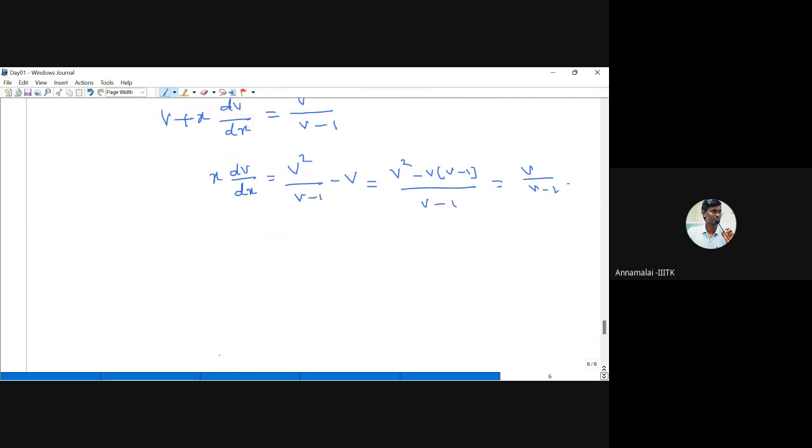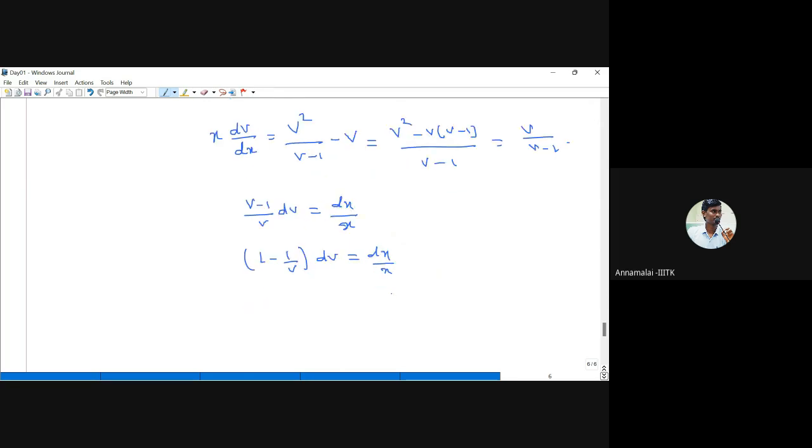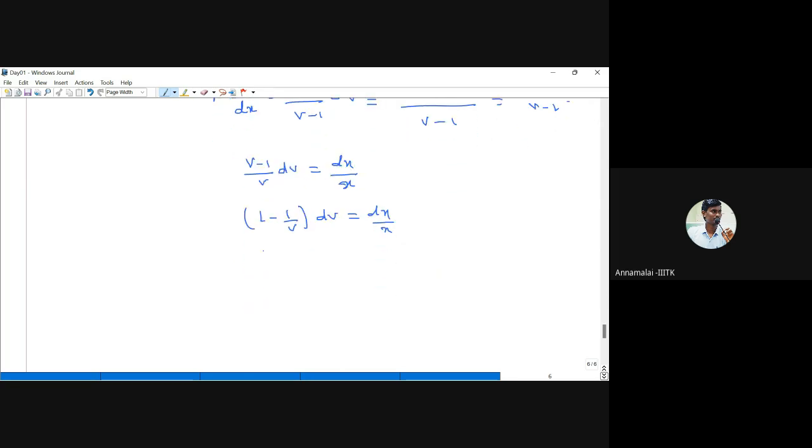If you cross multiply this, we get v minus 1 by v into dv equal to dx by x. Okay. Now, if you want, you can simplify this again: 1 minus 1 by v into dv equal to dx by x. Now integrate both sides. Directly you can integrate v minus 1 by v.